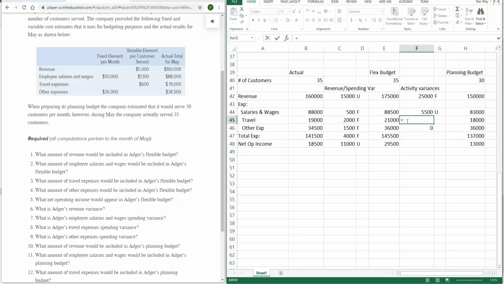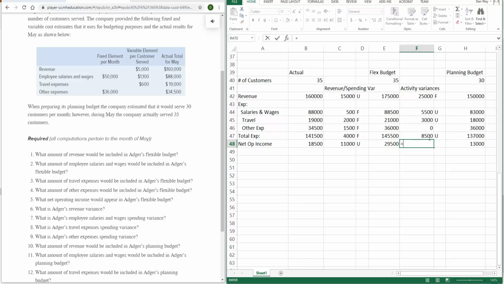Similar idea for travel. We'd expect it to be higher given that activity was higher. So $3,000, we still call that unfavorable, but again, it doesn't mean we've done anything poorly. Total expense line, we can get a total here, 145,500 minus the 137,000 in the planning budget, $8,500 unfavorable.